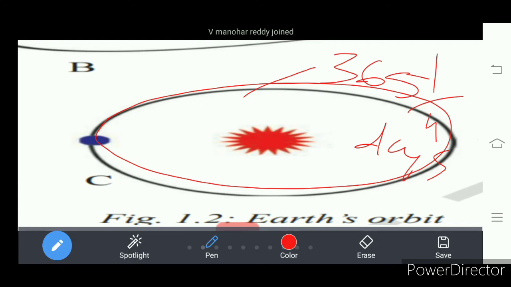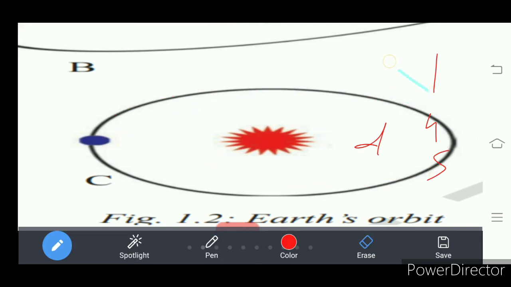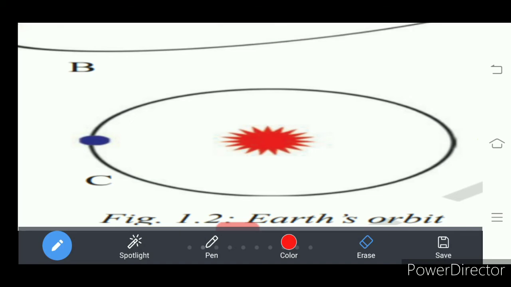Understand? So what we have learned here is that the shape of the earth's orbit is a scaled oval path. As earth revolves around the sun in this direction, it comes in different positions.